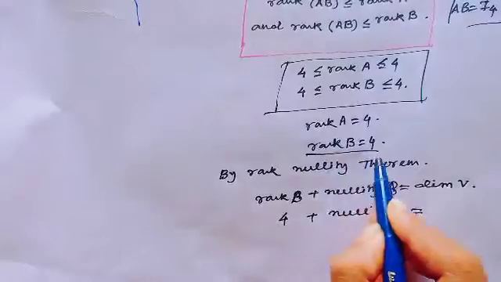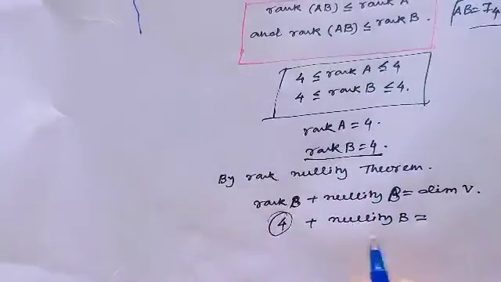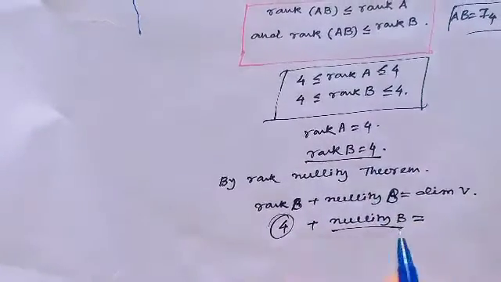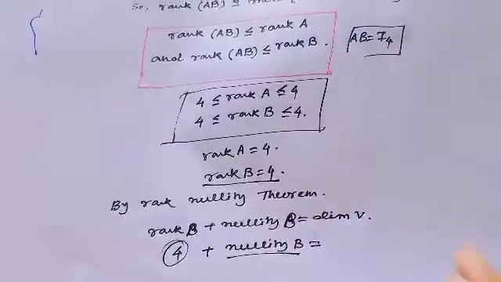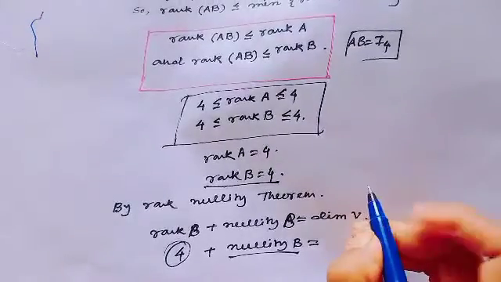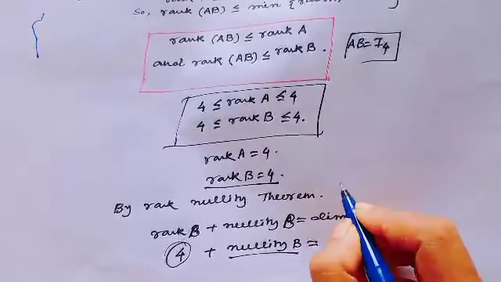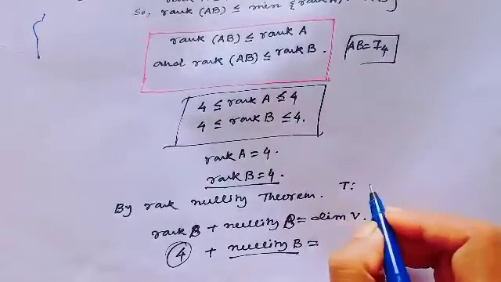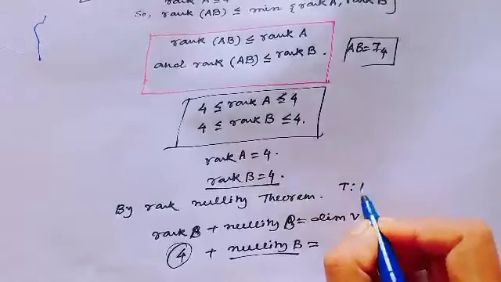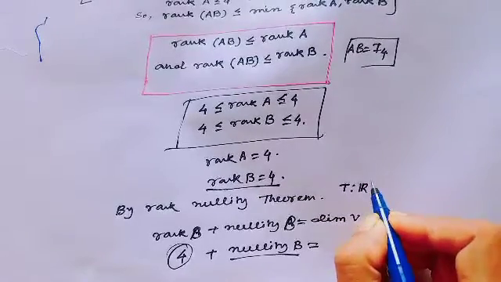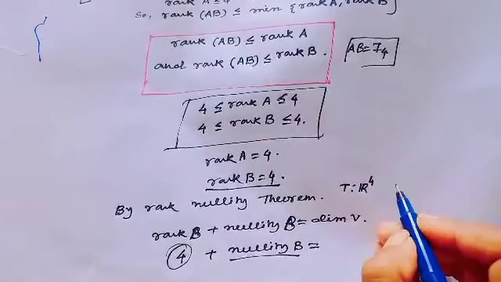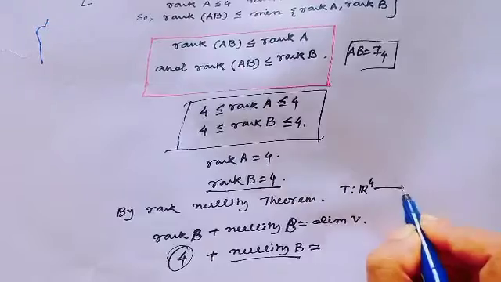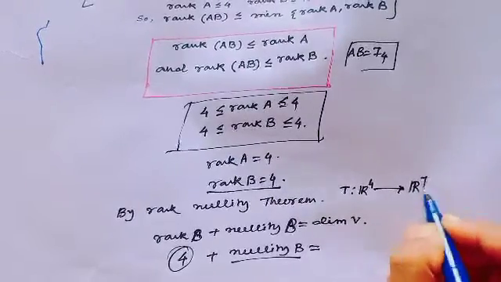Since rank of B equals 4, put the value here. For the dimension, since B is a 7 cross 4 matrix, there exists a linear transformation from R4 to R7.